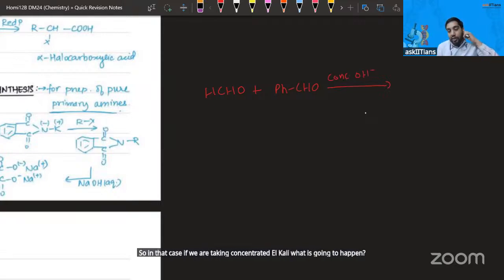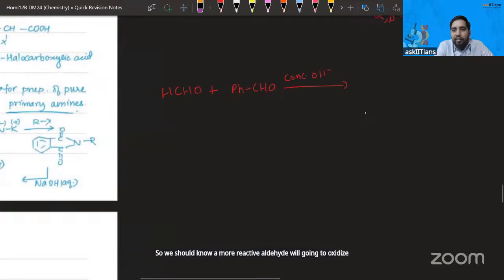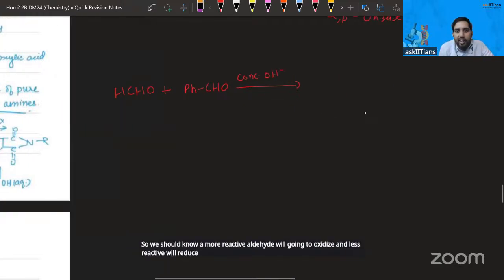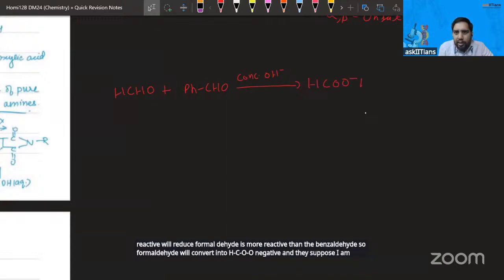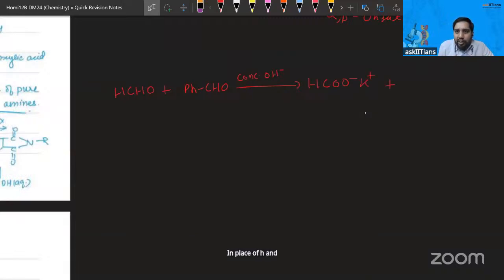We should know a more reactive aldehyde will oxidize and the less reactive will reduce. Formaldehyde is more reactive than benzaldehyde. So formaldehyde will convert into HCOO negative, and there, suppose I am taking KOH, so K plus will be there in place of H, and PhCHO will convert into PhCH2OH.